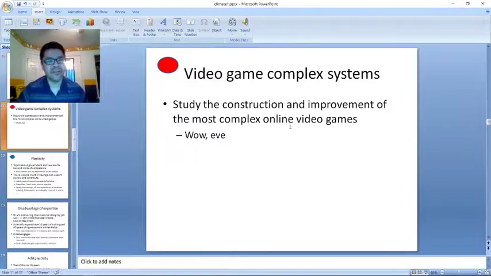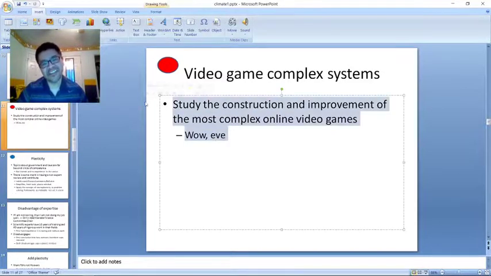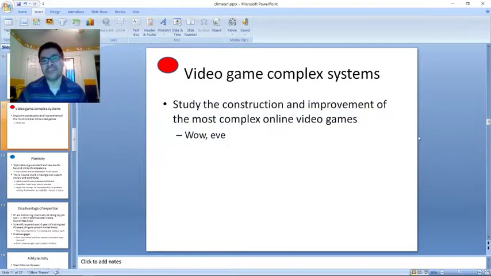It would be interesting to know the techniques that the companies employ when developing World of Warcraft or EVE.